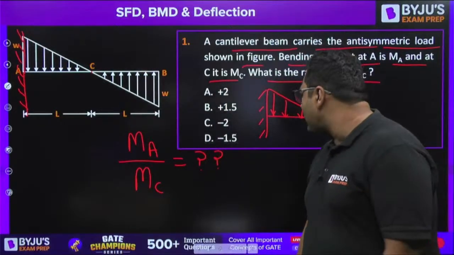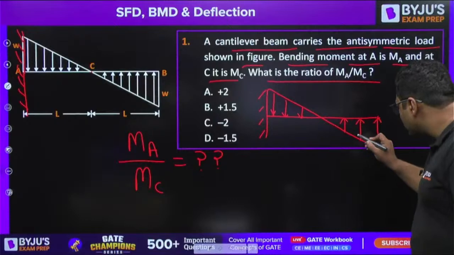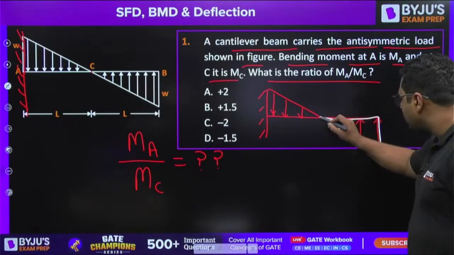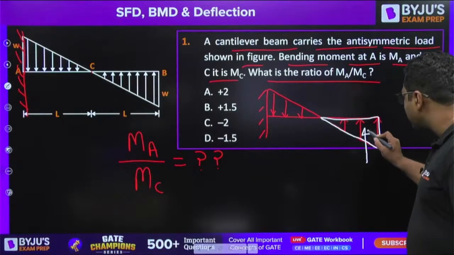So what we are going to do is assume that the area of the triangle acts at its centroid.